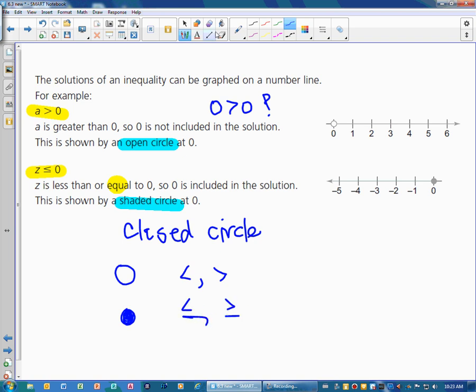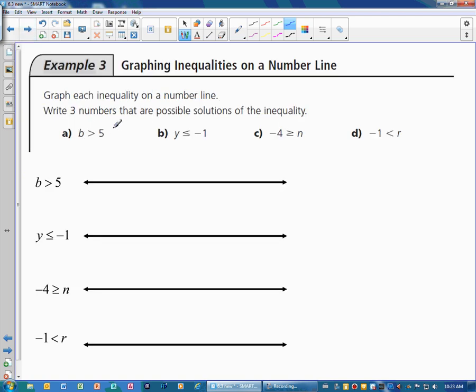My pen is acting so weird. Okay, so let's give that a try. It says graph each inequality on a number line and then write 3 numbers that are possible solutions of the inequality. Okay, so A is b is greater than 5. So notice I didn't write any numbers on the number line because I don't need a full number line full of numbers.